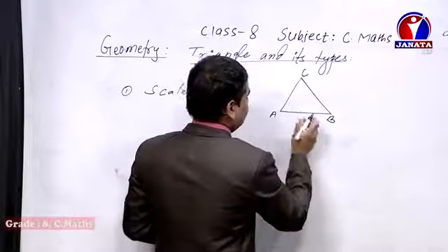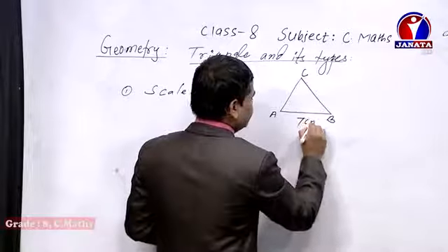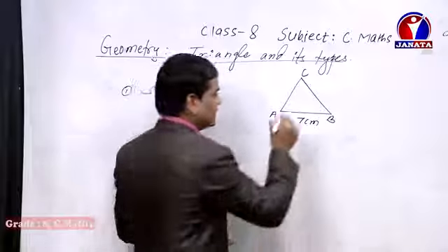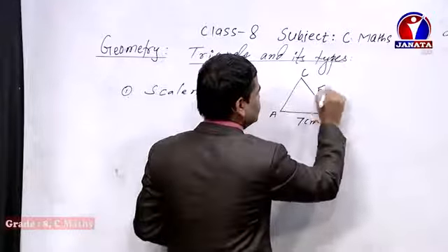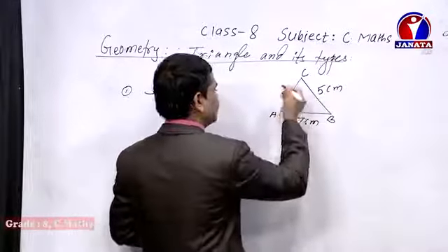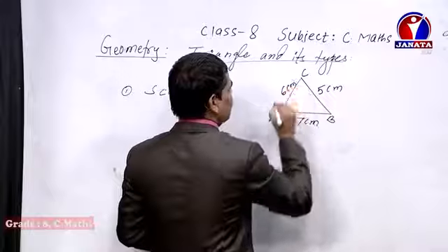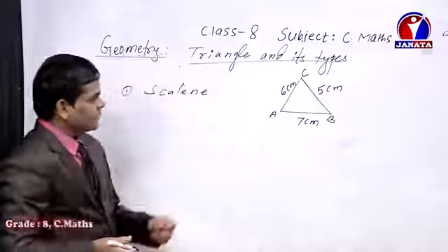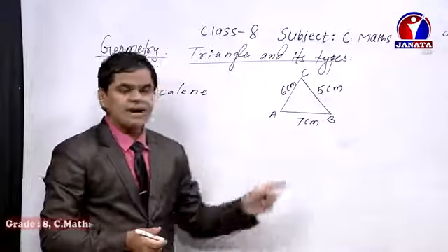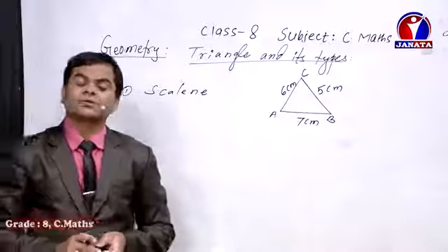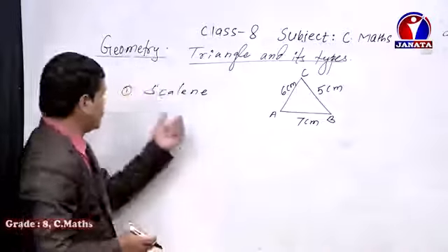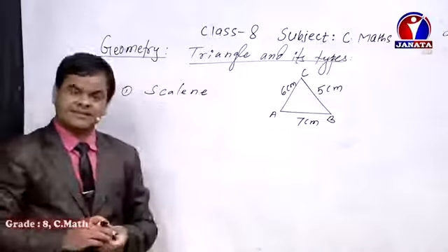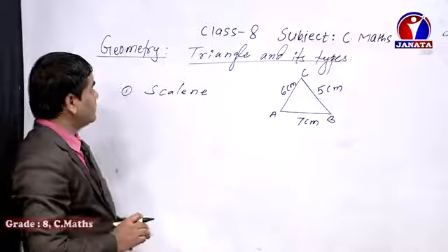If the length of this side is 7 centimeter, this one has 5 centimeter, and this one has 6 centimeter, then all three sides of the triangle have different measurements. Such a type of triangle is known as the scalene triangle.